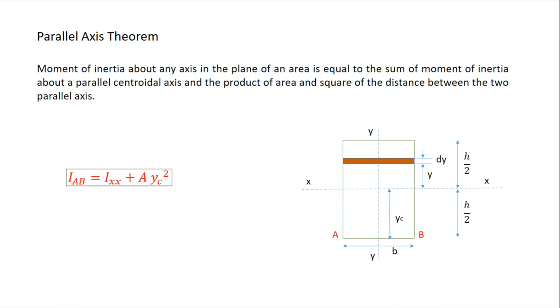The moment of inertia IAB is equal to the moment of inertia about the centroidal axis, IXX, plus the total area of the rectangle times the distance squared. Distance squared means the distance from the centroidal axis, squared. So the statement is: the moment of inertia about any axis in the plane of the area is equal to the sum of the moment of inertia about the parallel centroidal axis and the product of the area and the square of the distance between the two parallel axes. So this is the parallel axis theorem.